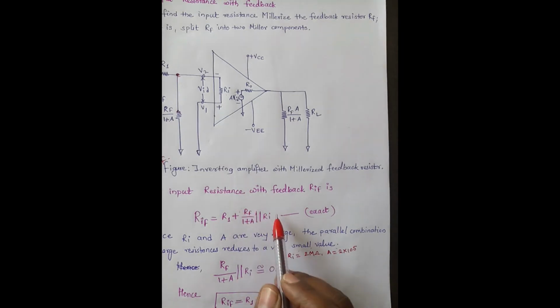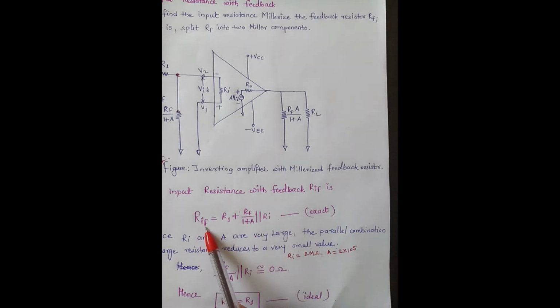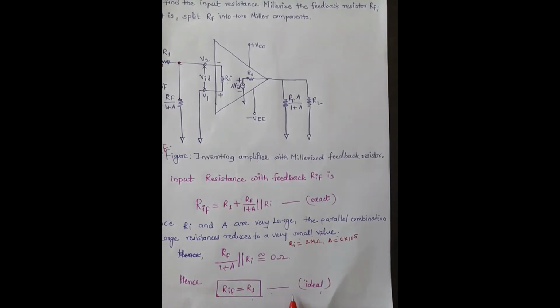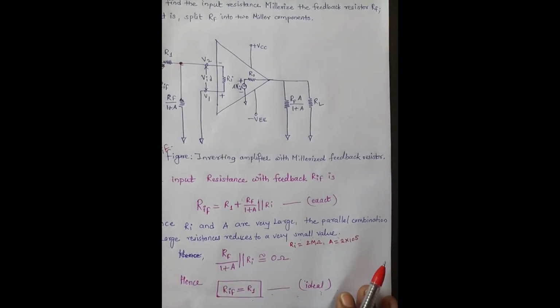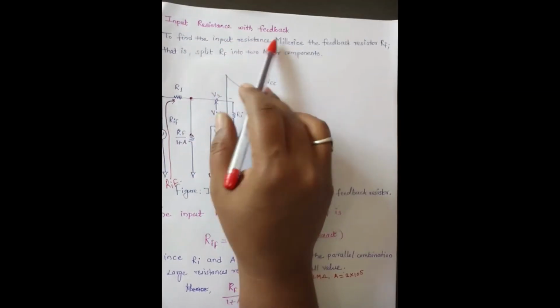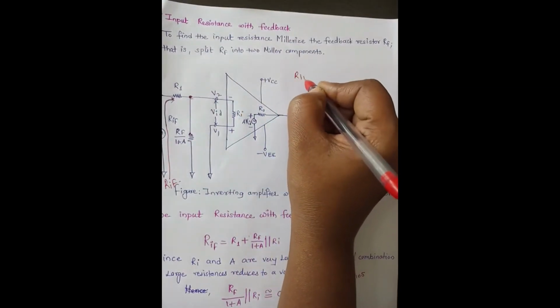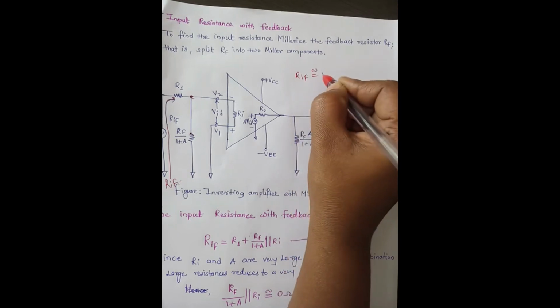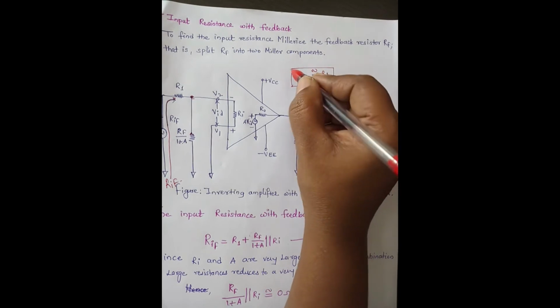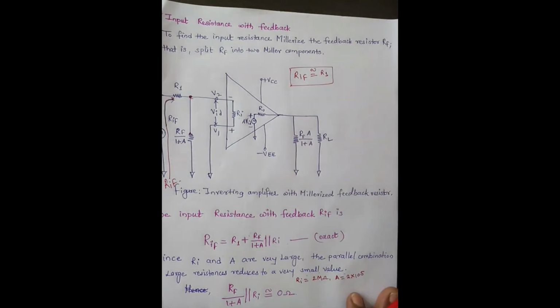If this parameter reduces to 0, input resistance with feedback RIF will become equal to R1, and this is the ideal input resistance of the inverting amplifier with feedback. So the input resistance with feedback RIF is approximately equal to R1.